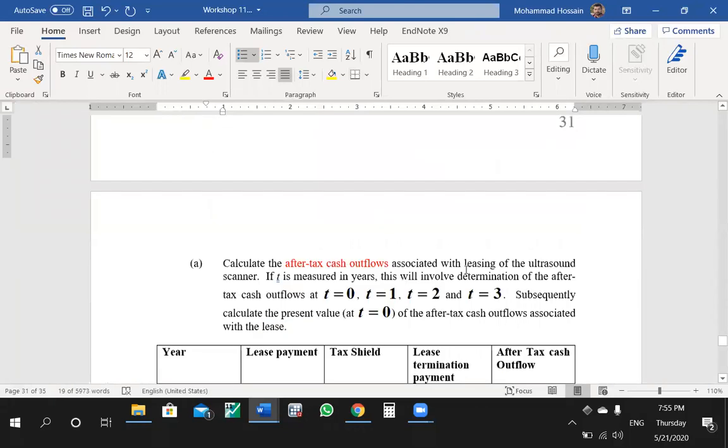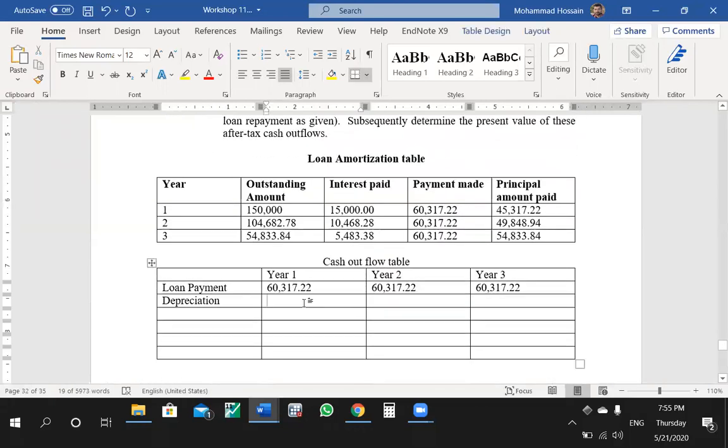So 150,000 divided by 3, every year it will be 50,000. And for interest payment, you use this one: first year is 15,000, second year is 10,468, and third year is 5,483.